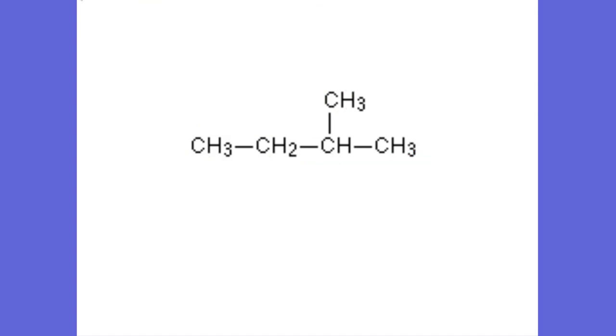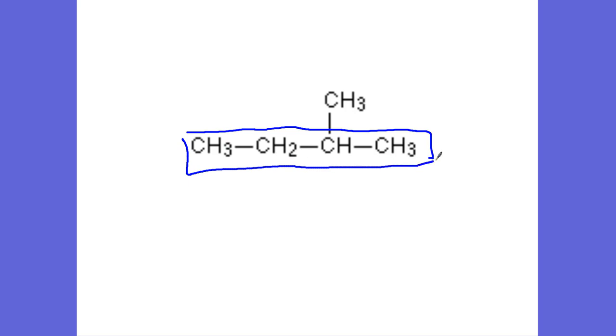And so let's come back. Here's my longest chain right here. Here's my substituent, or my little kid, the methyl group coming off. Let's say I had another methyl group coming off here, replacing this hydrogen right there. Do you see how I have 2 methyl groups now? How do I name this? Well, I'm going to number my carbons.